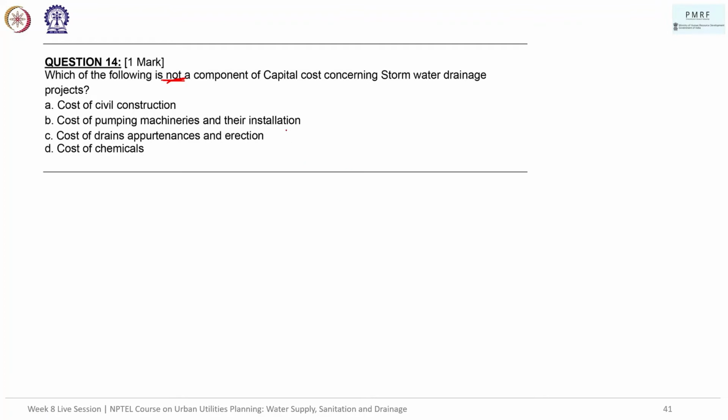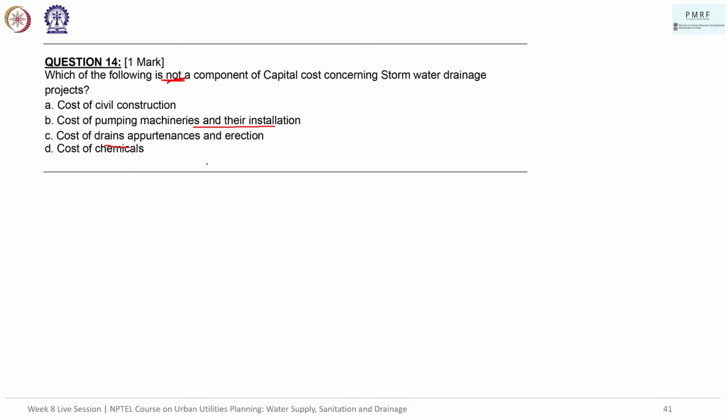So there are two types of expenditure. This is not just in infrastructure, but in general terminology. Anything that is going into some sort of permanent structure, say you are buying a plot of land, or constructing something, or investing in a factory, or in the infrastructure that is going to provide something, which is civil construction, pumping machinery, enabling them, installation, drains, and again installation of the drains.